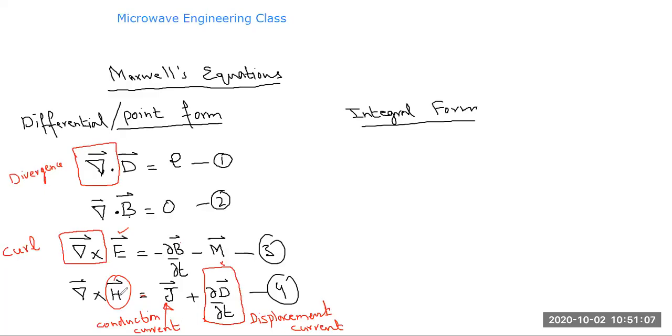But people were observing that even if there is no current, there is a magnetic field. So people were not able to explain how we have magnetic field if there is no current. So in order to answer this question, Maxwell introduced this term.